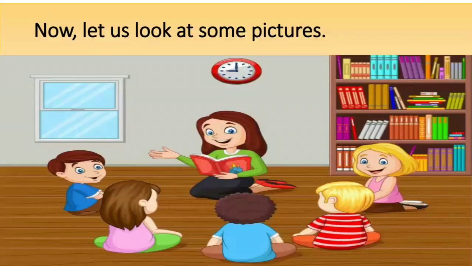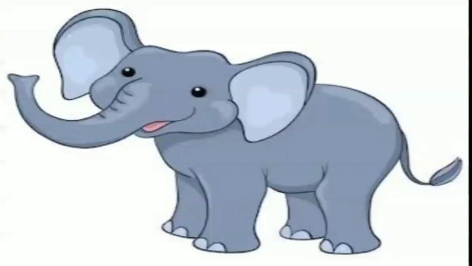Come on, children. Now let us look at some pictures. I will show you some pictures and you have to look at them very carefully and find out a minute detail of the picture. Oh, what is this animal? This is an elephant. Yes, very good.